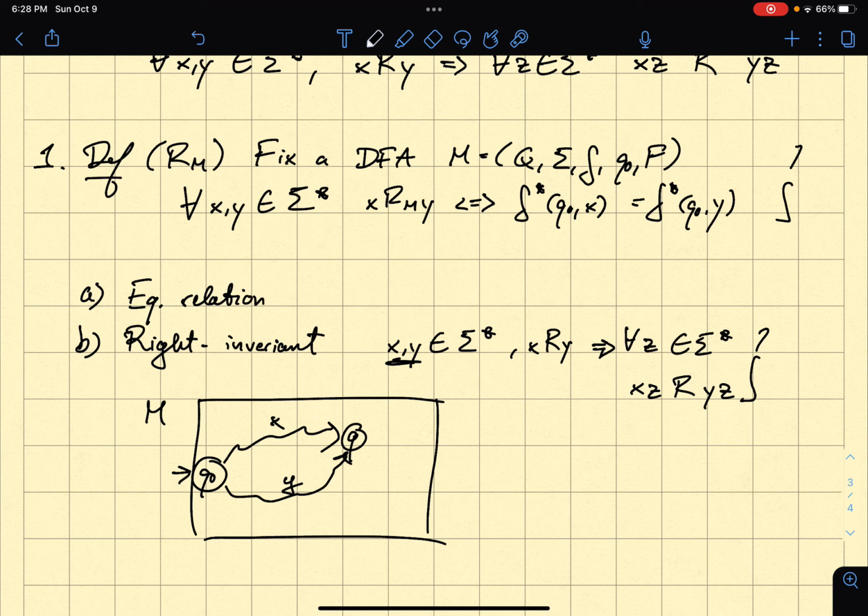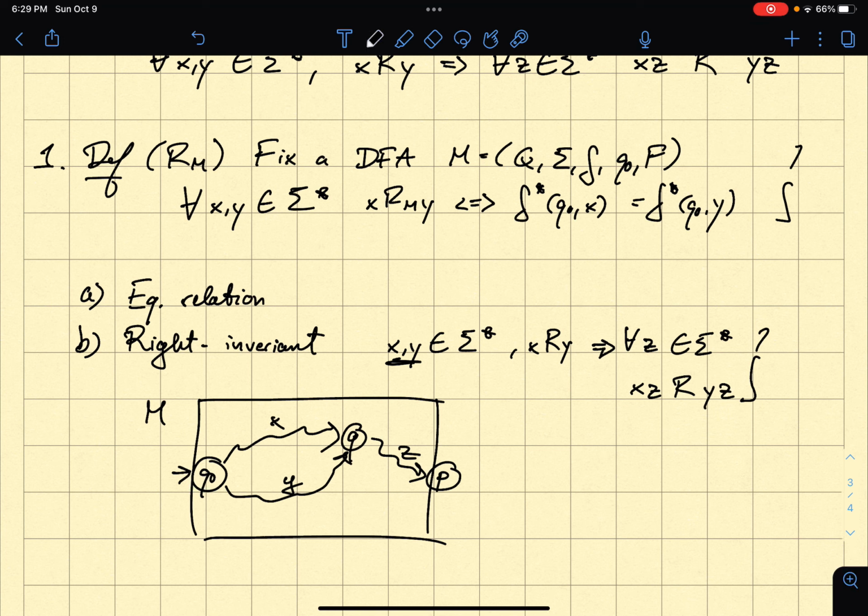But this is naturally going to be true. Because imagine I just read x and now I read z. So now maybe I go to state p. Then, because this is a DFA, if I read xz, I'll go from q0 to q, and then from q to p. But if I read y from q0, I'll go to q, and then if I read z, I'll go to p. So that means that xz and yz both go to the same state when they start at q0.